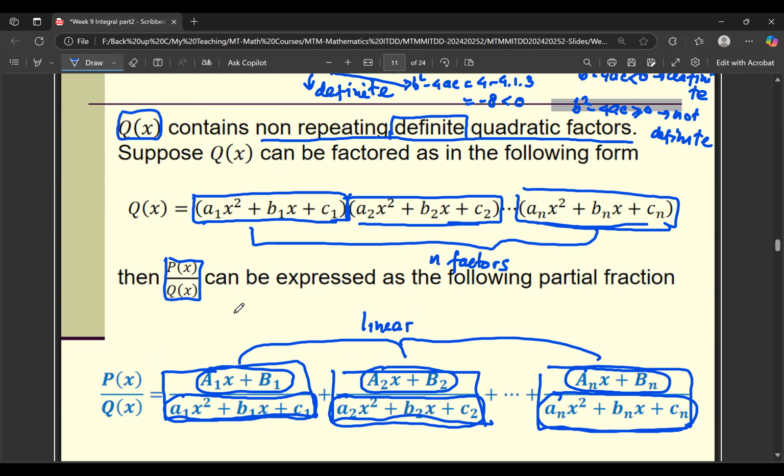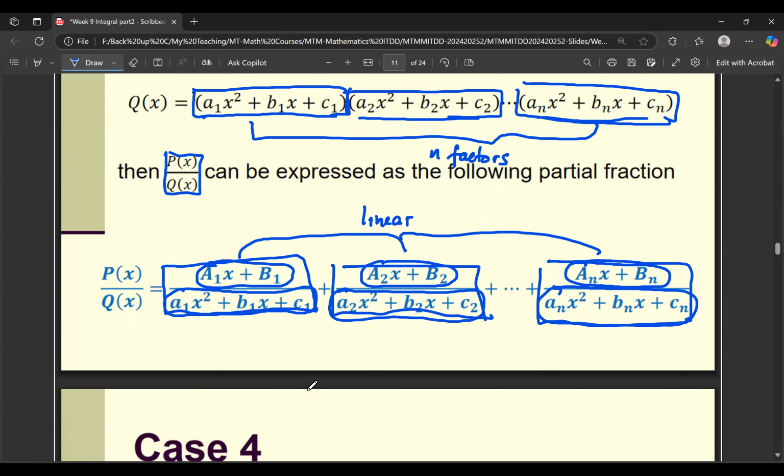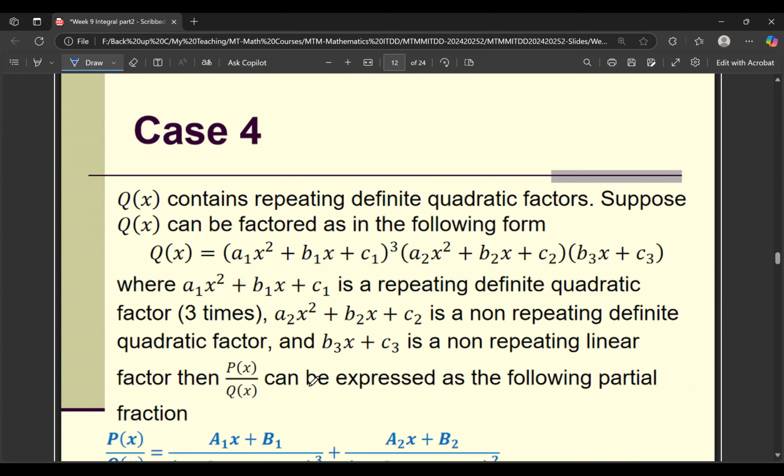Of course, this case is more difficult than case 2 and case 1.